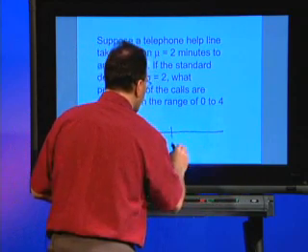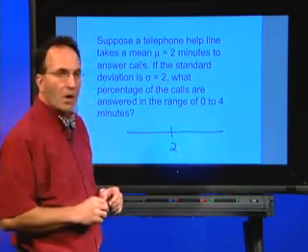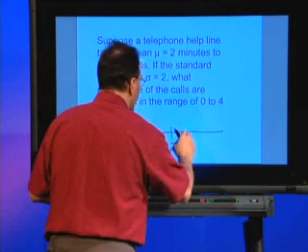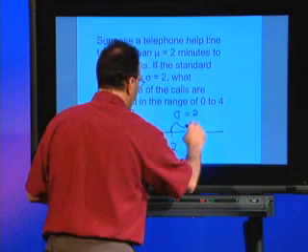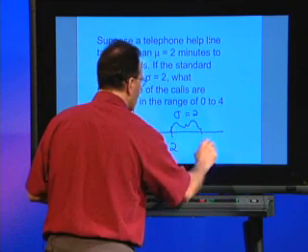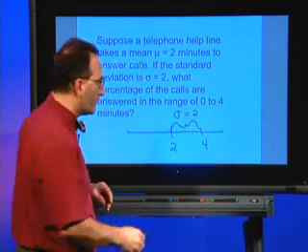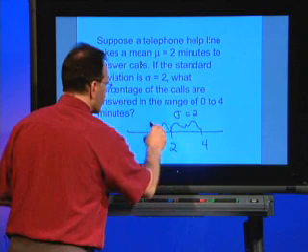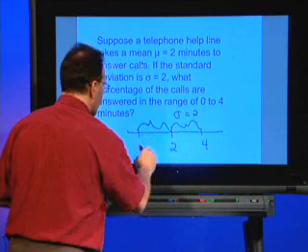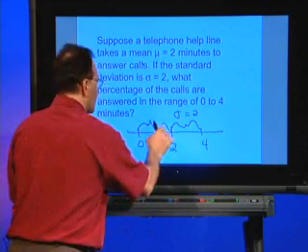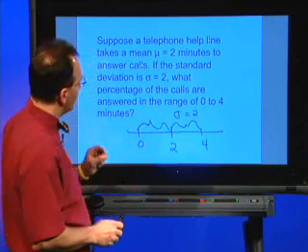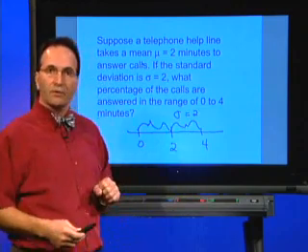We know that the mean is 2. We know that the standard deviation, sigma, is equal to 2. So if we go up 2 units, that brings us to 4. If we go down 2 units, which is 1 standard deviation, that brings us to 0. So that's our interval that we're interested in, right?